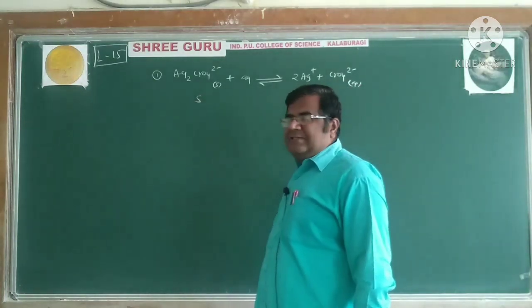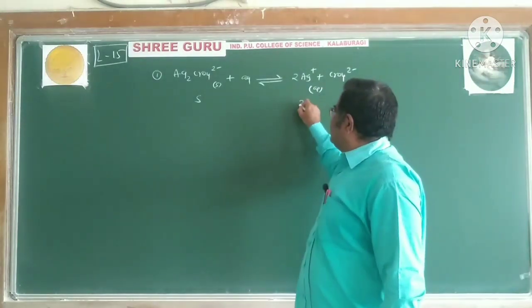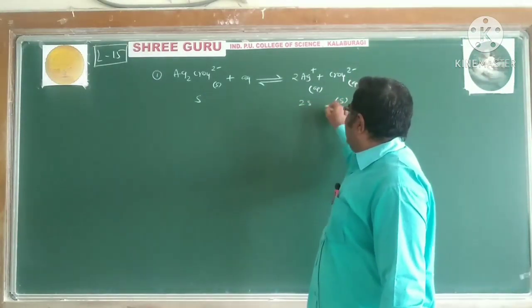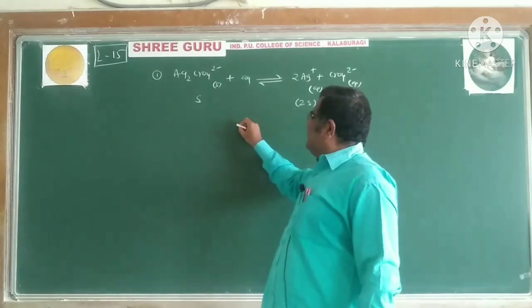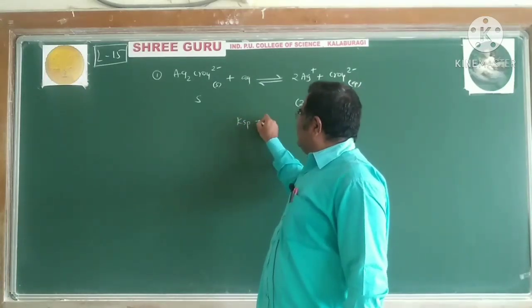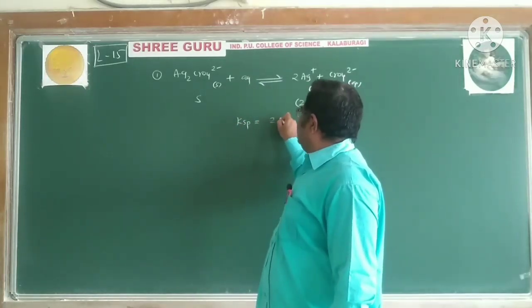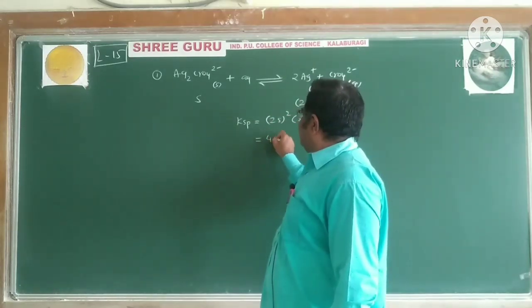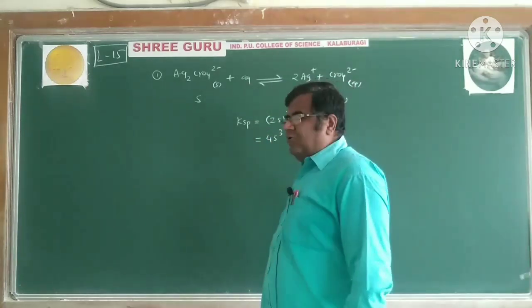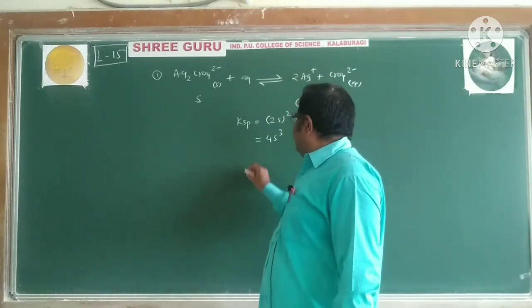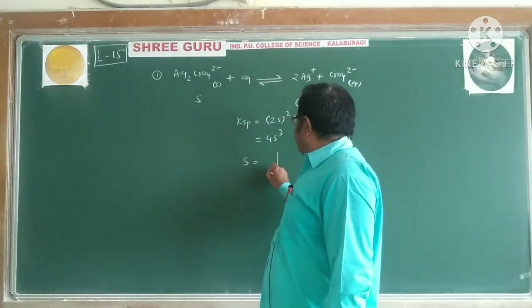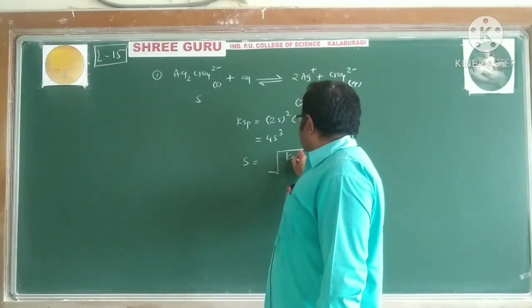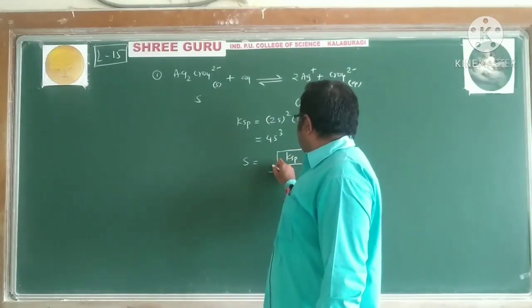The solubility is S here. The concentration of Ag+ is 2S and of chromate is S. That's why Ksp is equal to (2S) square times S, which is nothing but 4S cube. They ask solubility, so we can write S is the cube root of Ksp by 4.